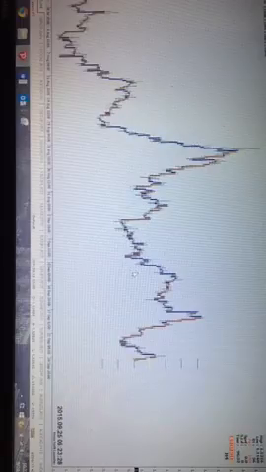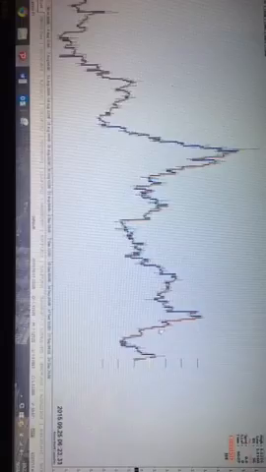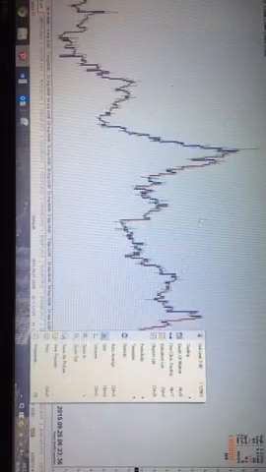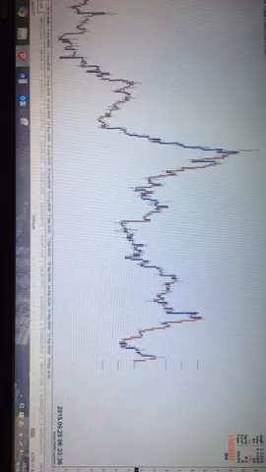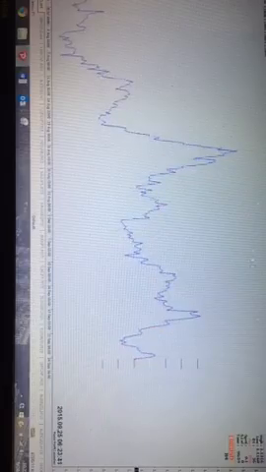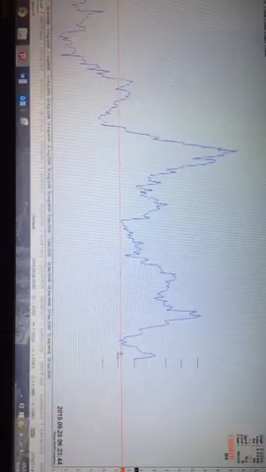I'm looking for a good engulf candle that'll work for us. Let's go to a line chart. Okay, so we've got one. Okay, go to Euro USD on a 4-hour.